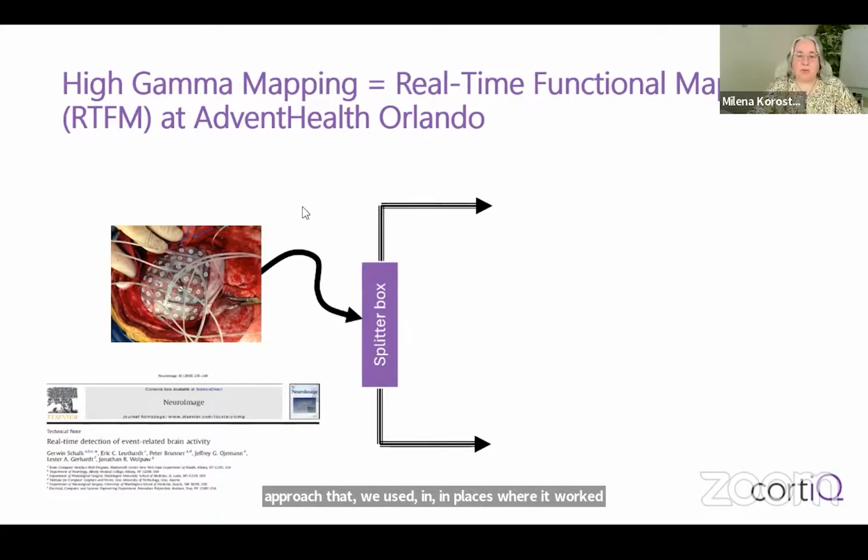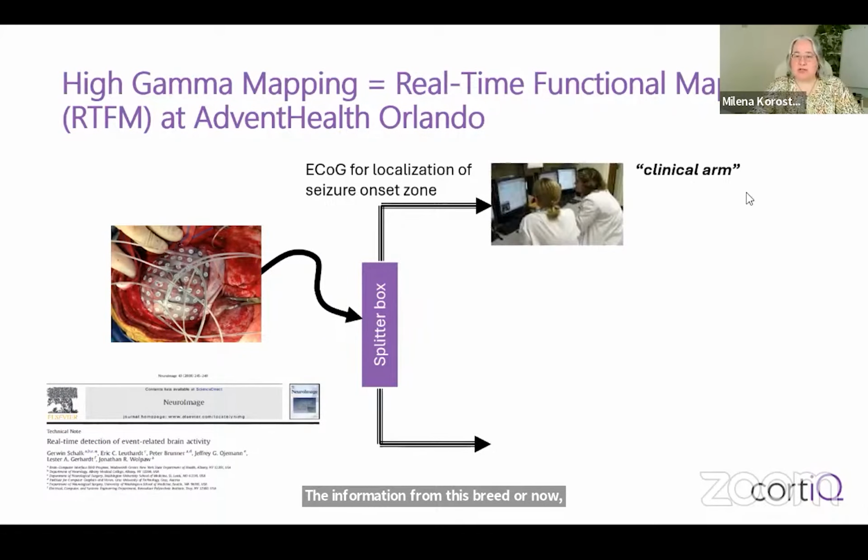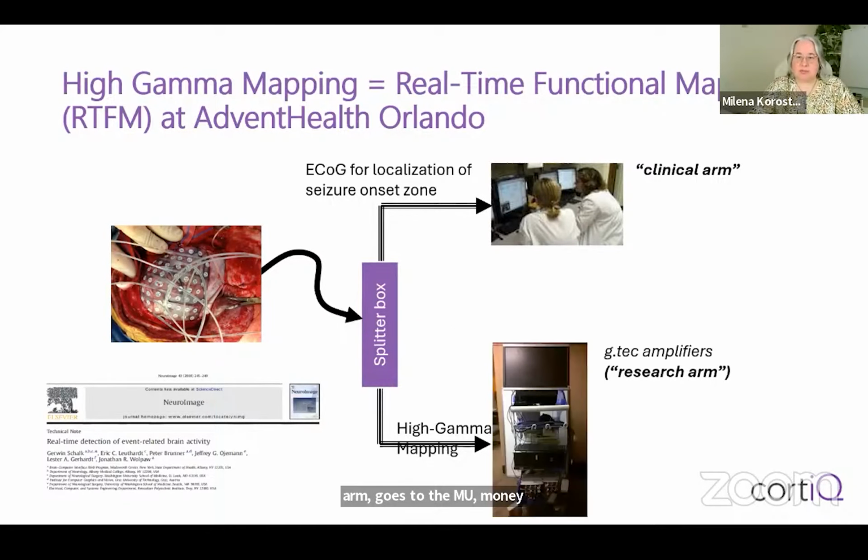We would have a splitter box that would allow us to split the information from this grid, or now SEEG electrodes, into two streams: one for localization of the seizure onset zone, a clinical arm that goes to the EMU monitoring room, and the other for high gamma mapping, so separate mapping.